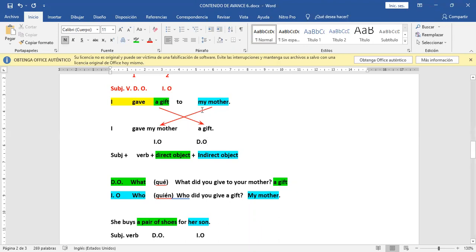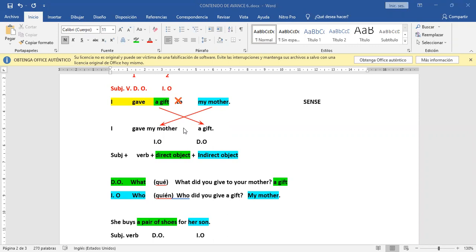Because we bring mother before the direct object. Look at my mother. I gave my mother a gift. The sense, el sentido, does not change, no se cambia. I gave my mother a gift. But what's different? That we don't use to.